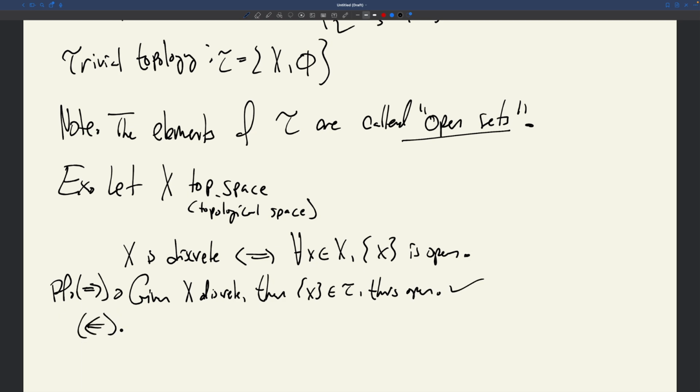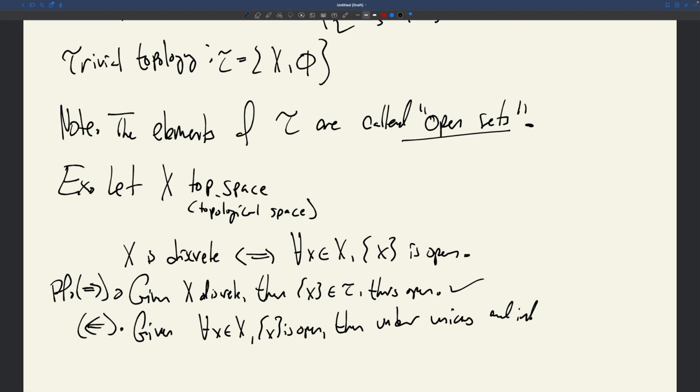And then the reverse direction: given for all x in X, {x} is open, then under unions and intersections, X is discrete. Cool. All right, perfect.